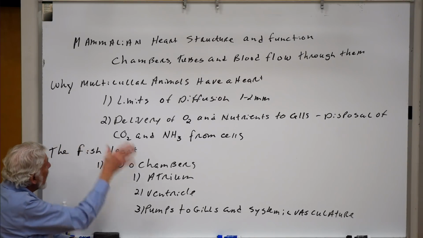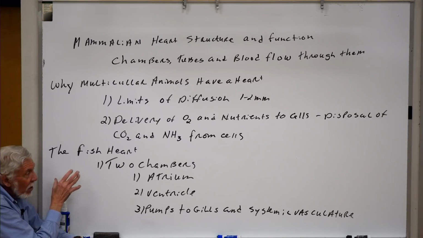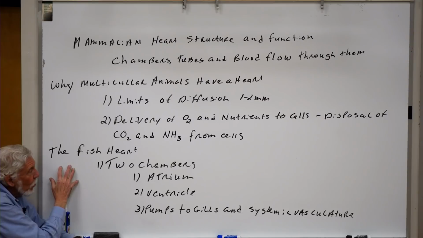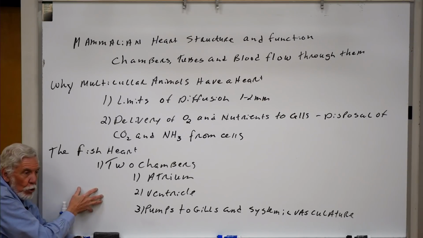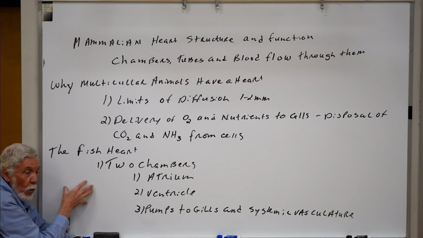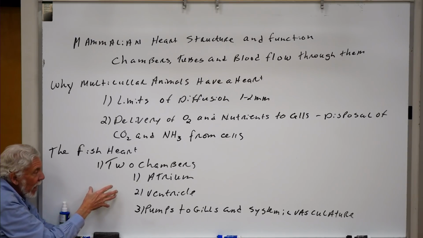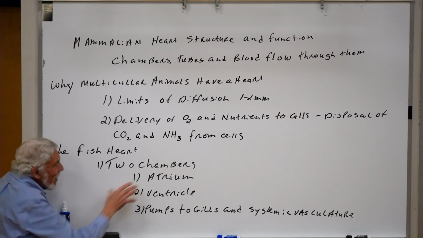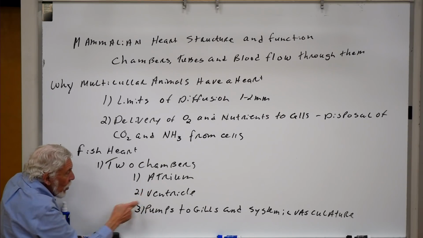Now, I want to introduce the idea of the heart by simply talking about a fish heart. And we're going to talk about a fish heart as having only 2 chambers. The upshot of this is going to be that in a fish, you have one pump. A pump that is made up of an atrium and a ventricle.